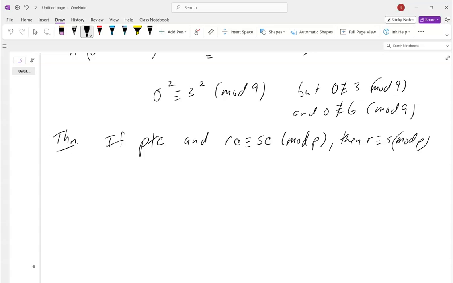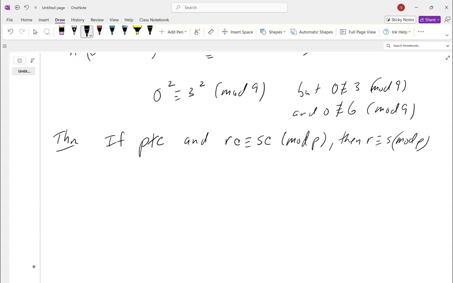And we said that something is a unit if it's relatively prime to what you're modding out by, which is exactly what we have here, right? If P doesn't divide C, then P and C are relatively prime. So then C is a unit mod P, and then I can just multiply both sides by its inverse. So that's why this particular result is true.